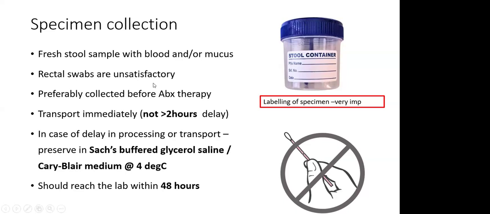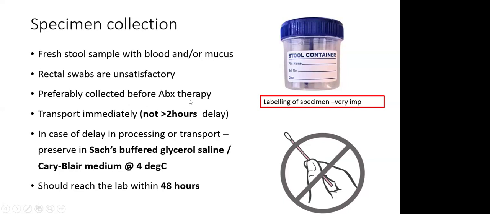Rectal swabs are unsatisfactory if there is a delay in transport or processing, because Shigella can easily die off in dry medium. So if it is a rectal swab, the chance of isolating the organism is less. It is always better to get a fresh stool sample.